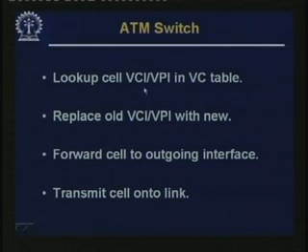So, this together with the fact that the cells are of the same size, you can develop your hardware in such a way that these ATM switches will work very fast. Otherwise, the rest of the switch and the switching principle remains the same as we have discussed already.